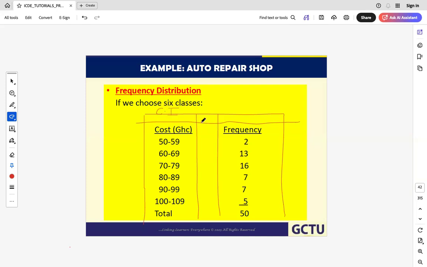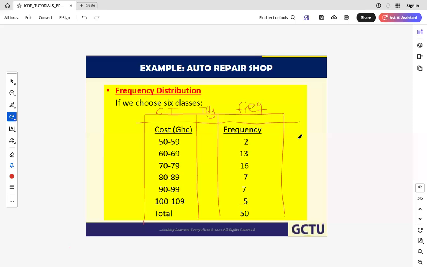And then the second column represents tally. So you tally it like the way numbers were counted in the olden days. And then you convert your tally to frequency. Then finally, the frequency becomes the information.